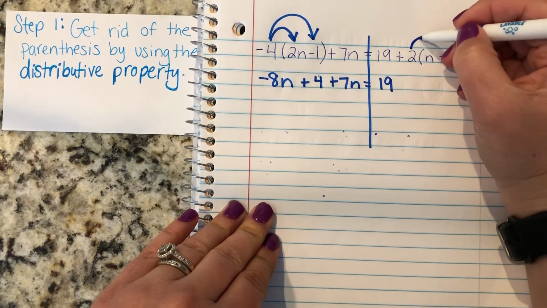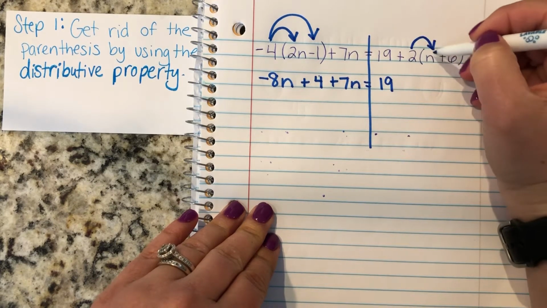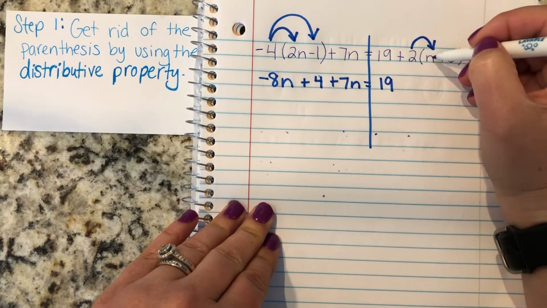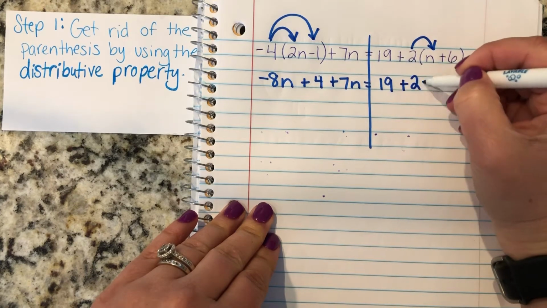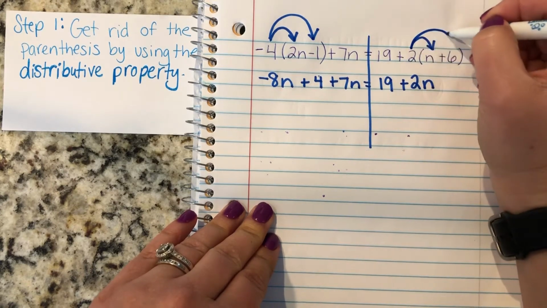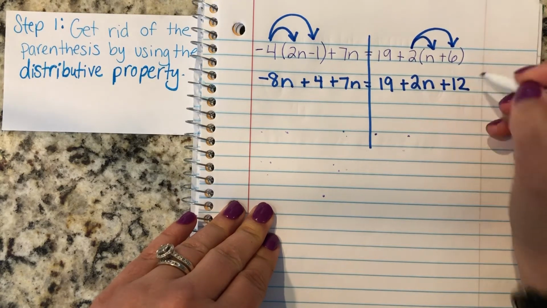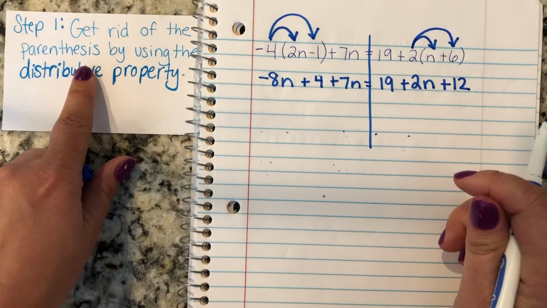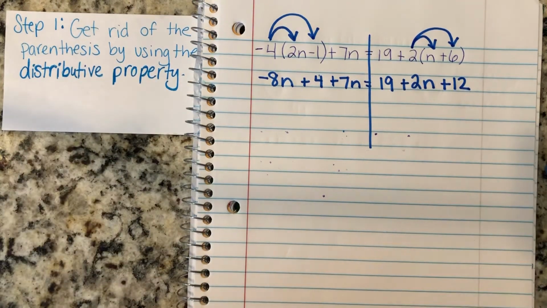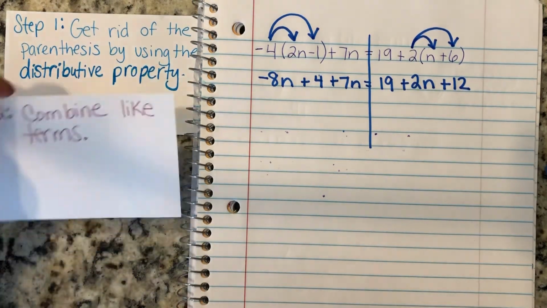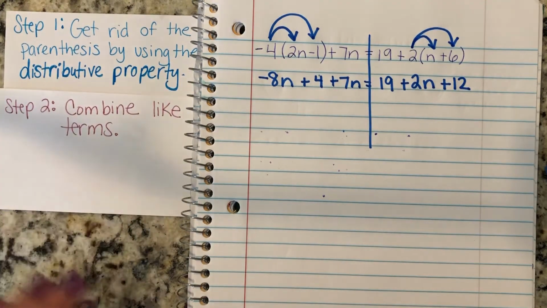Then I'm going to distribute this 2. So positive 2 times n is positive 2n. Positive 2 times 6 is positive 12. Okay, so I've just completed step 1 of getting rid of the parentheses using distributive property. Step 2 then would be combine the like terms.